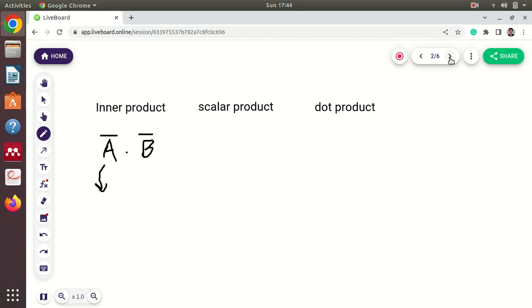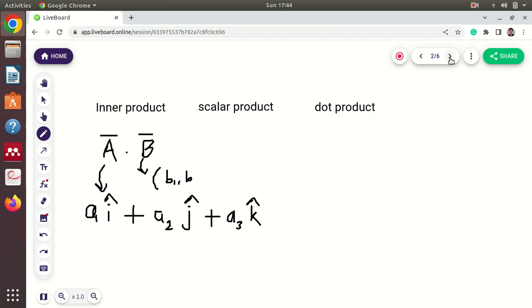Suppose vector a is a1 i cap plus a2 j cap plus a3 k cap. Similarly, the vector b is b1 i cap plus b2 j cap plus b3 k cap, or in point representation I can write (b1, b2, b3) separated by commas.